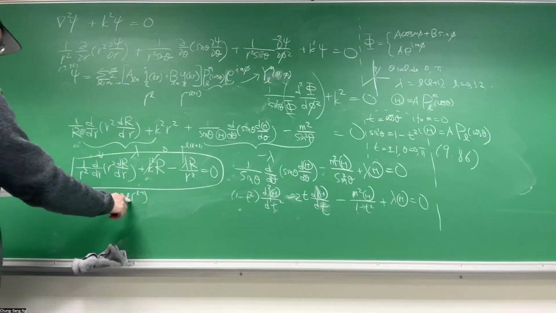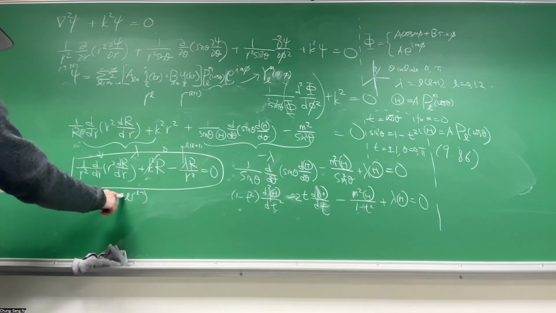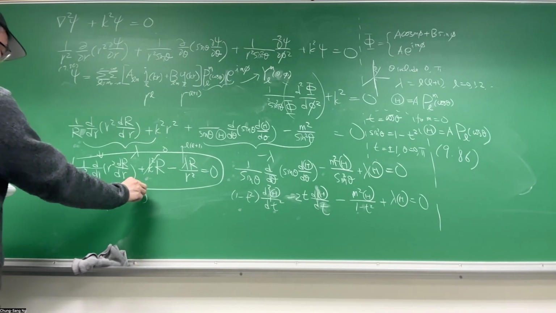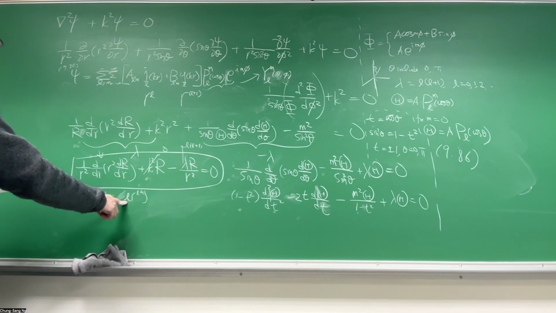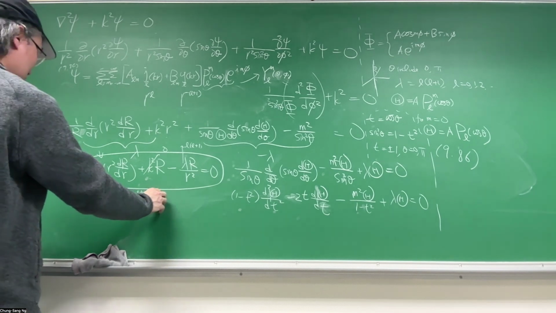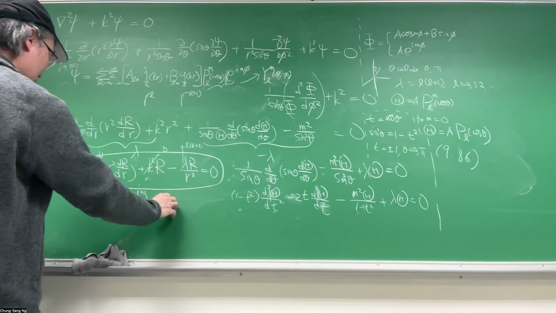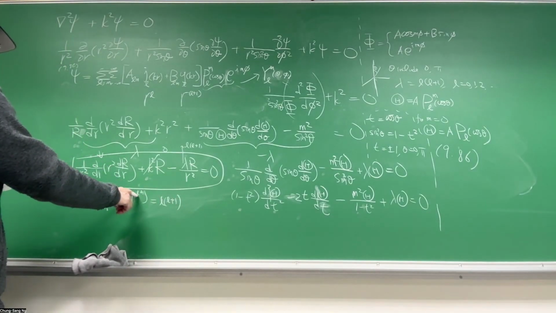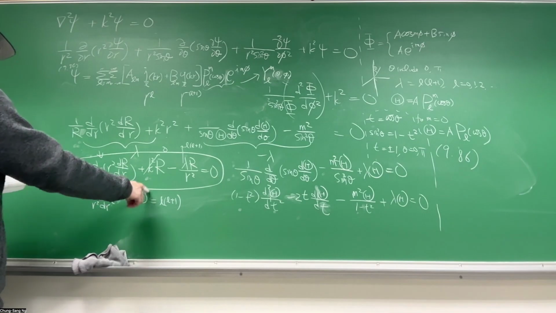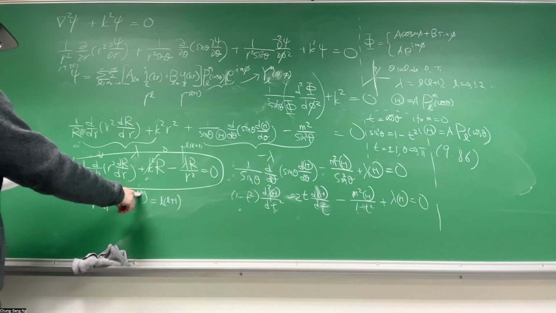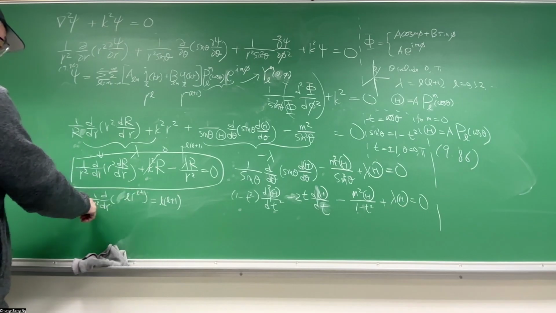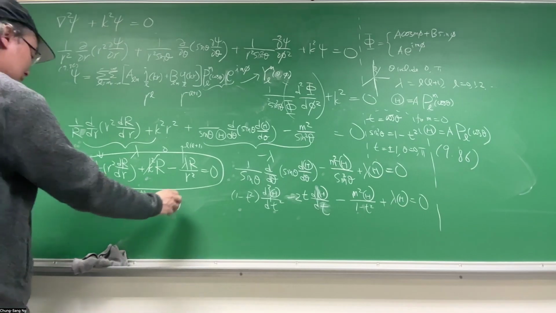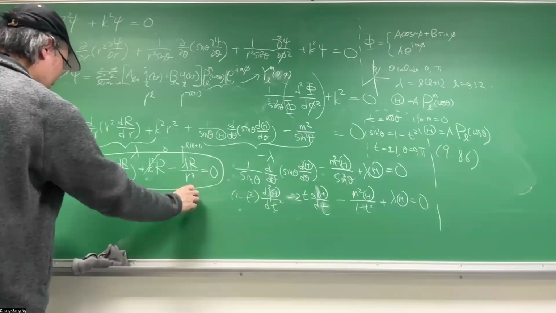And then multiplied by r squared, it becomes l times r to the l plus 1. Another derivative will give you an l plus 1 factor, and then r to the l, divided by r squared, giving r to the l minus 2.